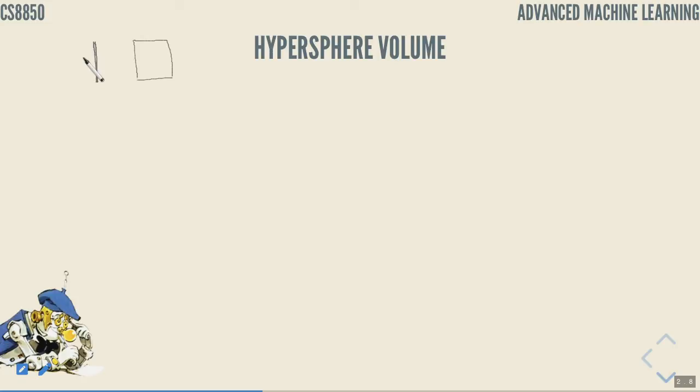the characteristic dimension, because a cube of characteristic dimension 1 is always 1. But let's say this is R, and then in one dimension it's R to the power 1, in 2 dimensions it's R squared, in 3 dimensions R cubed, and it's easy to see that with more dimensions you just get R to the power n, right?